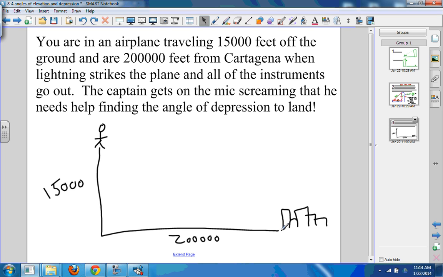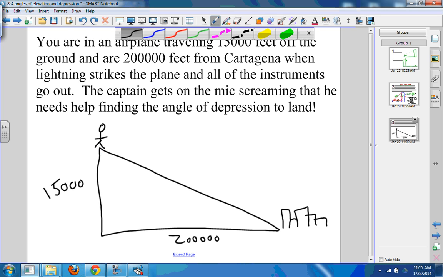And we want to figure out the angle of depression. So the angle of depression is going to be you looking down. It's going to be this angle here, call it x. And this will make a right triangle. So the angle we're going to use is this angle x here.